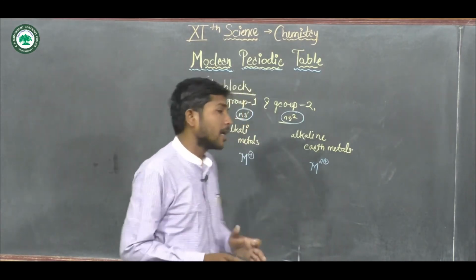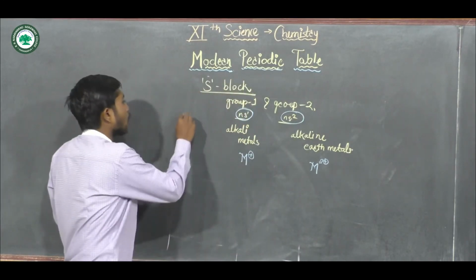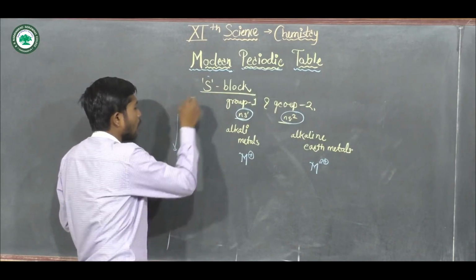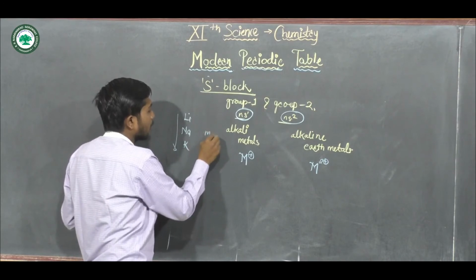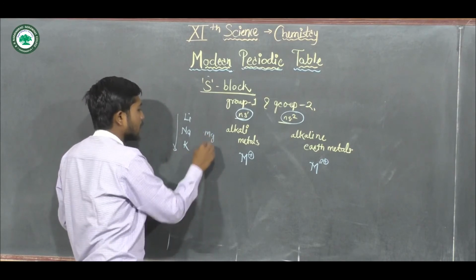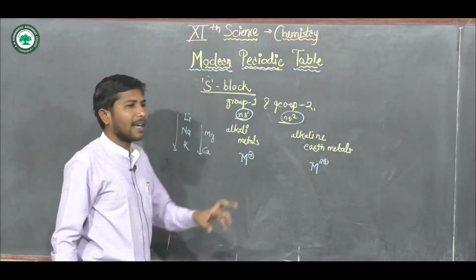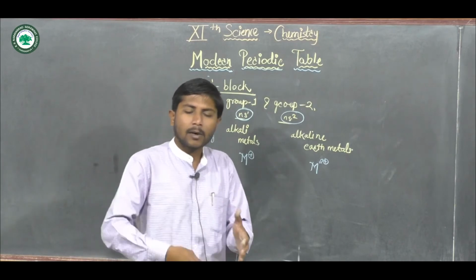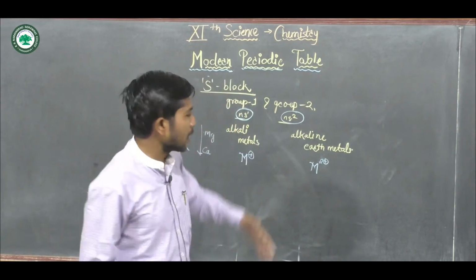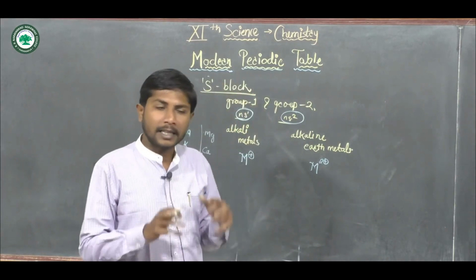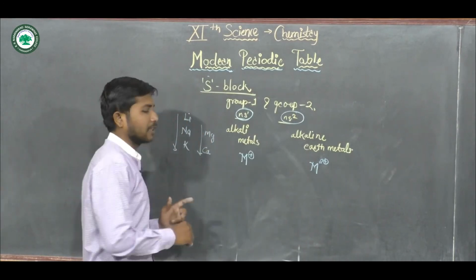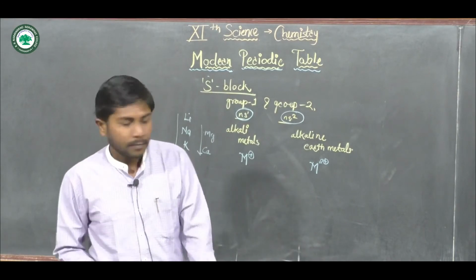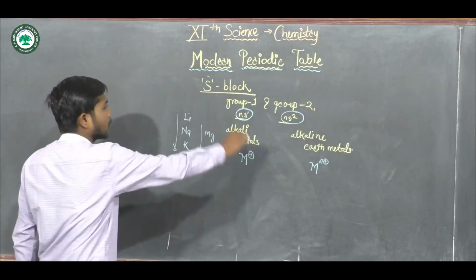Looking from lithium, sodium, potassium, or from magnesium, calcium, we can see the amount of energy required to ionize these metals is less, or it decreases down the group, and that's why it increases the reactivity. These are some characteristics of s-block elements.